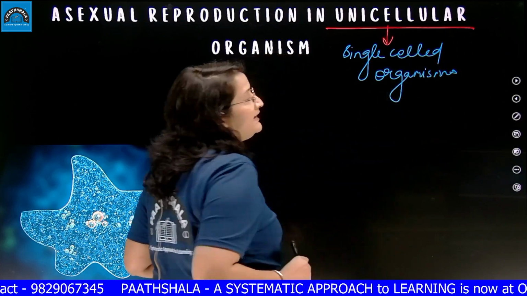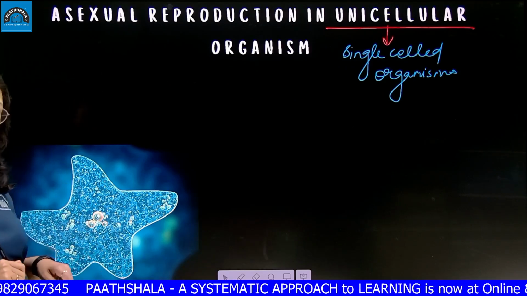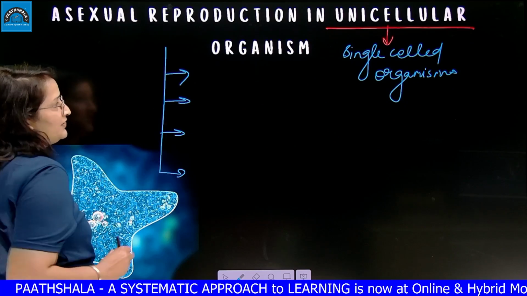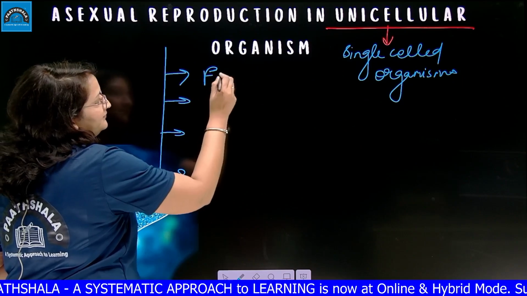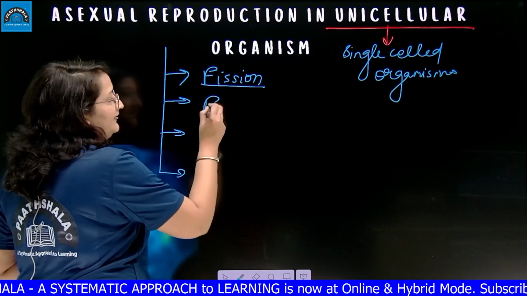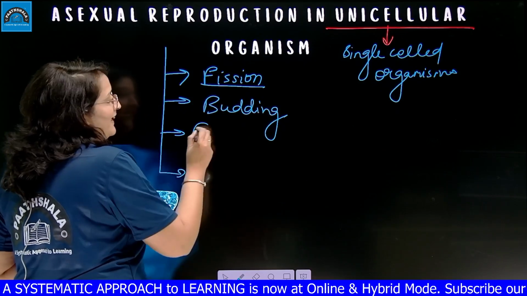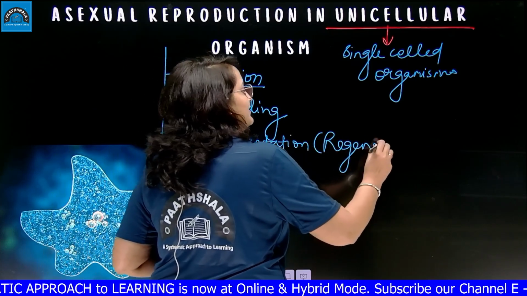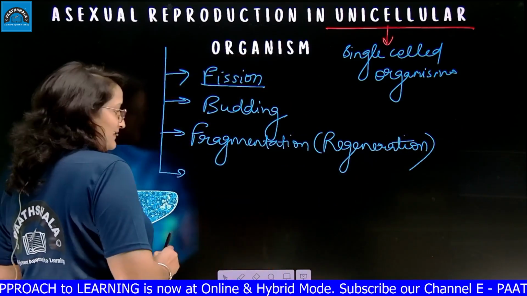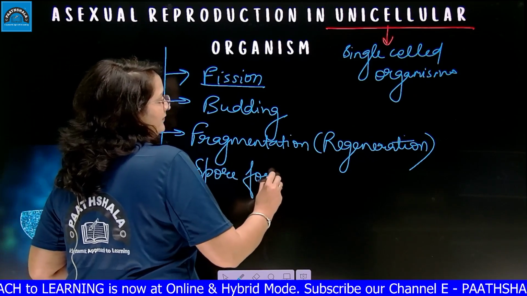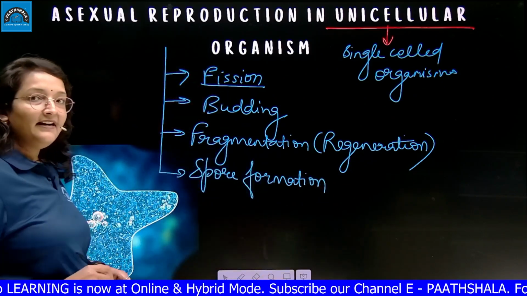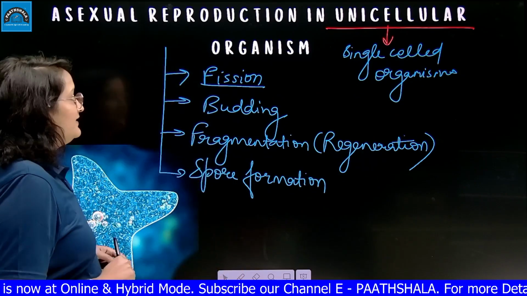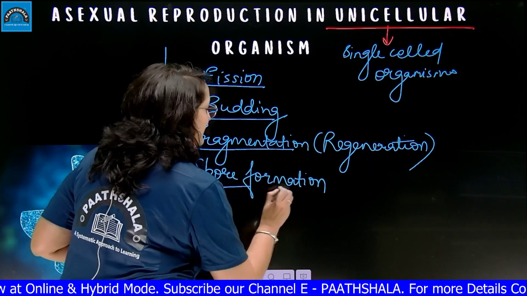There are basic modes of asexual reproduction in these single-celled organisms, and these include fission, budding, fragmentation, which in animals is also called regeneration, and spore formation. We will study all these types in detail. There are 4 basic methods of asexual reproduction in unicellular organisms: fission, budding, fragmentation, and spore formation.